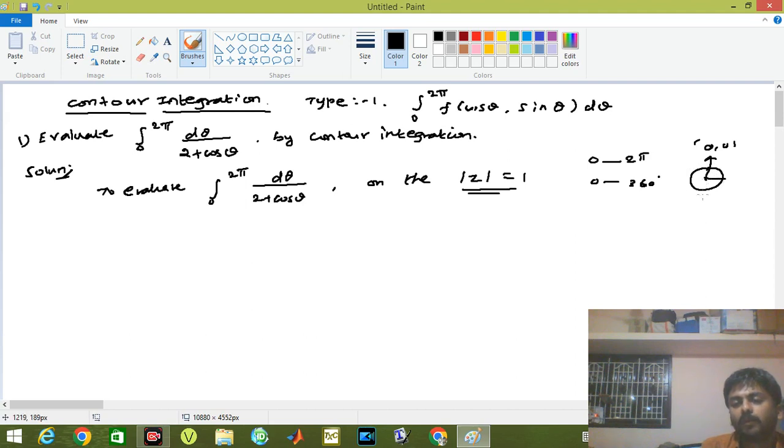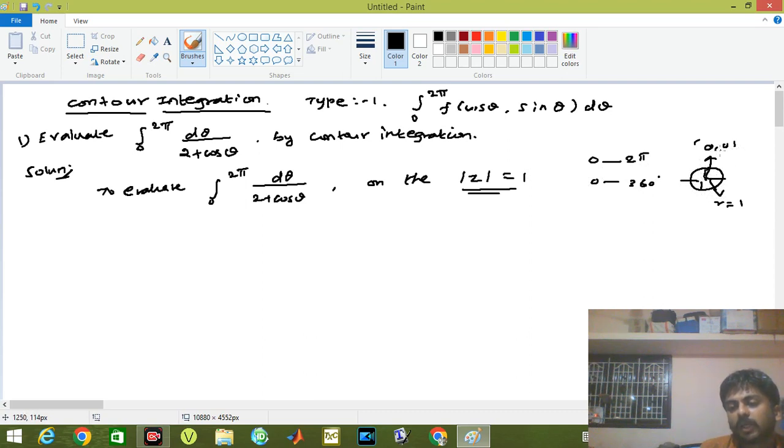Since it is the unit circle, we have taken r equal to 1, which means modulus of z equal to 1, because the radius is the same on all sides.